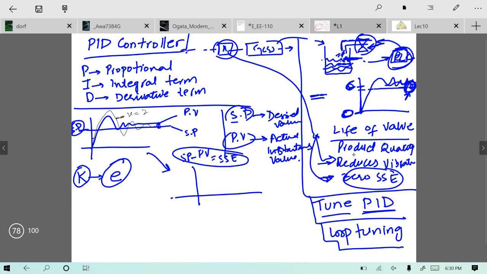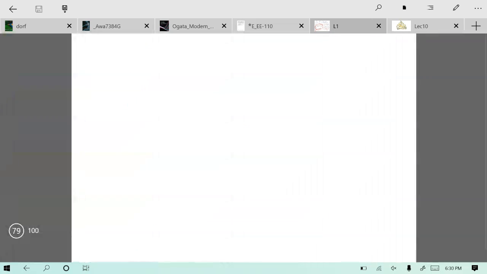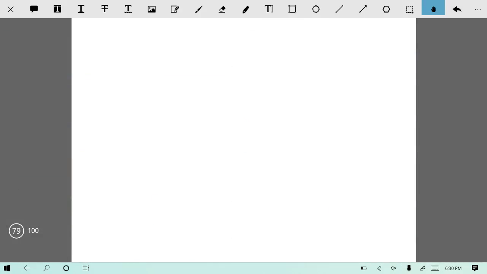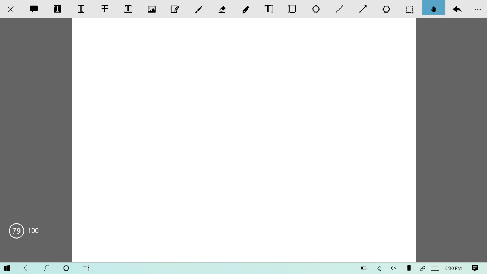So after the proportional term, let's discuss the integral term. What impact does the integral term have on our system?